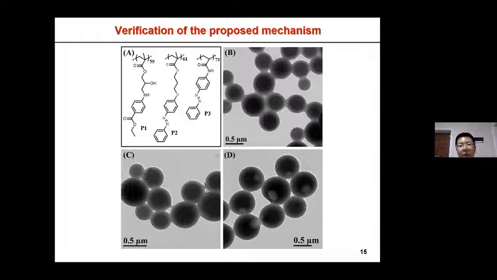So P1 and P2 can only self-assemble into compound micelles, and P3 can self-assemble into bowl-shaped nanoparticles, which confirms that our proposed mechanism can be extended to other polymers.